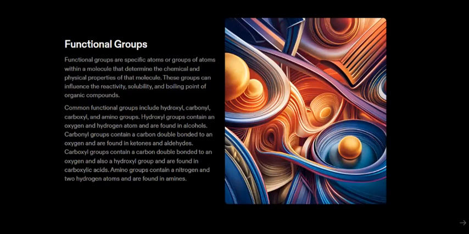Hydroxyl groups contain oxygen and hydrogen atoms and are found in alcohols. Carbonyl groups are carbon double bonded to an oxygen. Carboxyl groups contain a carbon double bonded with oxygen, also with a hydroxyl group, and are found in carboxylic acids.